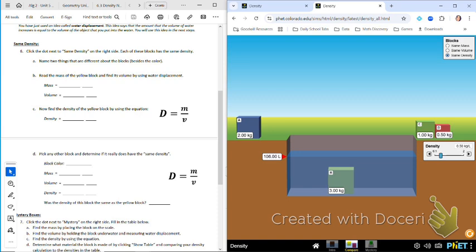So what is the block's volume? Yeah. 6 liters. What's your question? So the mass is 3 kilograms. 6 liters. The volume is 6 liters. Okay. So knowing those two things, you can find the density.